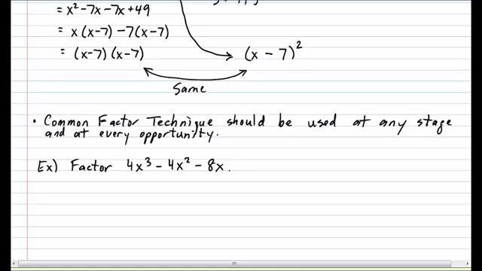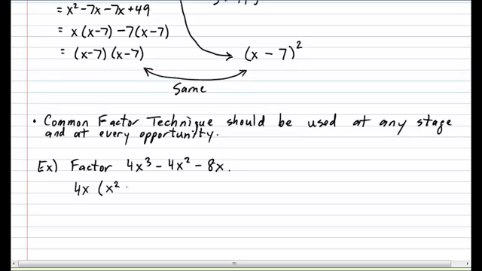However, always look for an opportunity to use the common factor technique, and in this case, there actually is a common factor. So let's use the common factor technique first. So the common factor for all three terms is the following: 4x. So I'm going to pull that out, and what's left over inside the bracket?